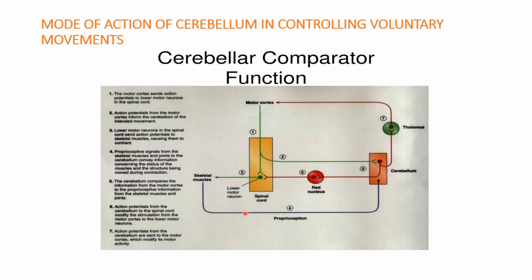Then this proprioceptive information is going to the cerebellum. This information and the information coming from the motor cortex are compared, and if there is any difference, it will be intimated to the spinal cord via the red nucleus, and also to the motor cortex via the thalamus. So it is a cerebellar comparator function. It will control the voluntary movements.